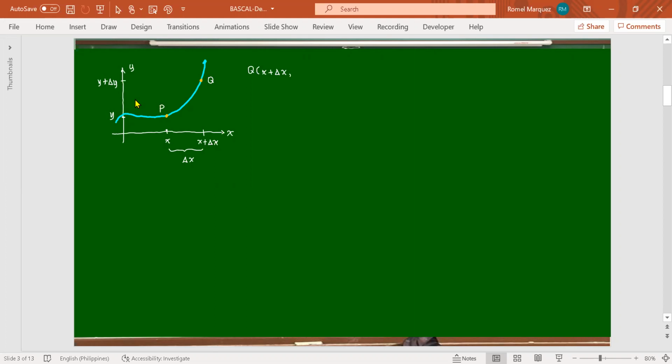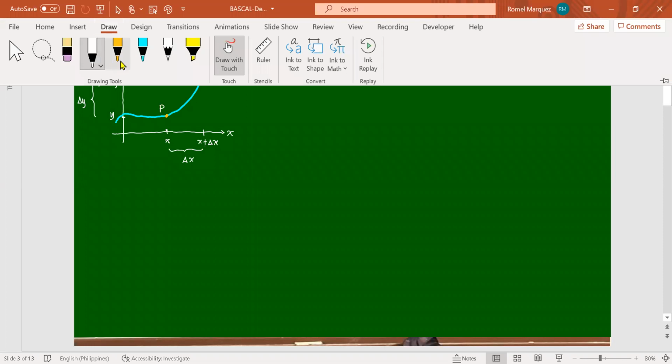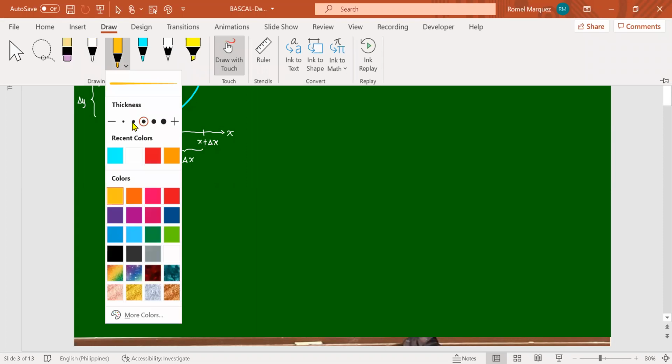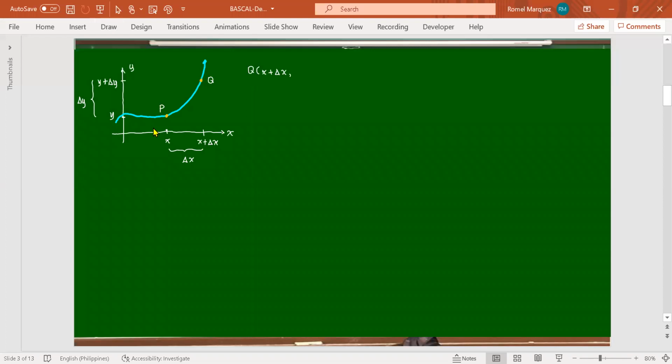So from y to this point, this is delta y. This is the secant line, a line that passes through P and Q, a line through two points on the curve.